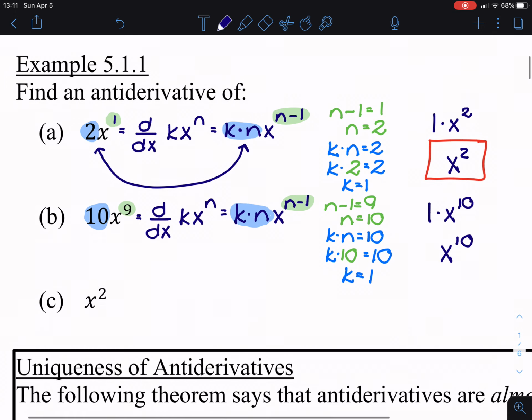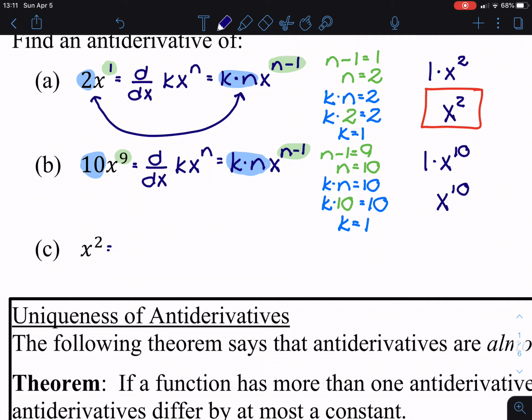All right, for the final one, here we have just x squared. If I take the derivative of some k times x to the nth power, that's going to be k times n times x to the n minus 1. So I know that k times n equals my coefficient on x squared, which is just 1.